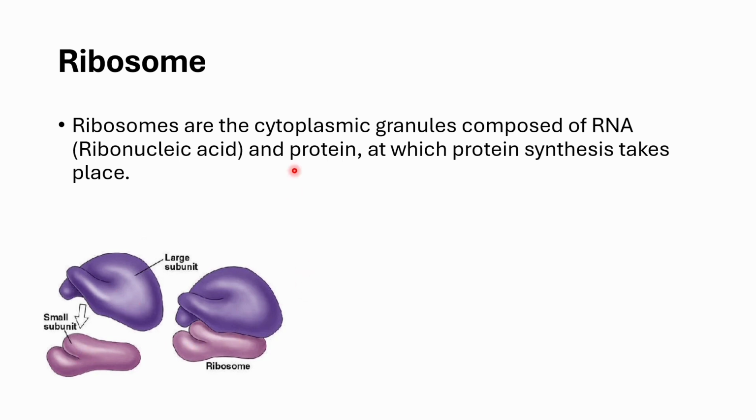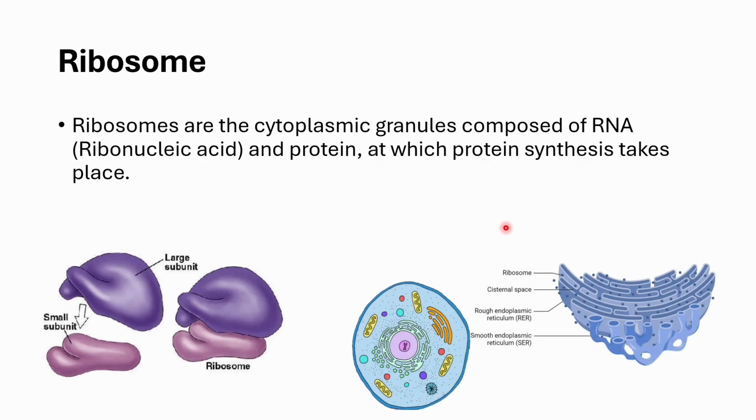There are 2 types of ribosomes, found in 2 different places: one that's attached to the rough endoplasmic reticulum, and the other that is free in the cell.